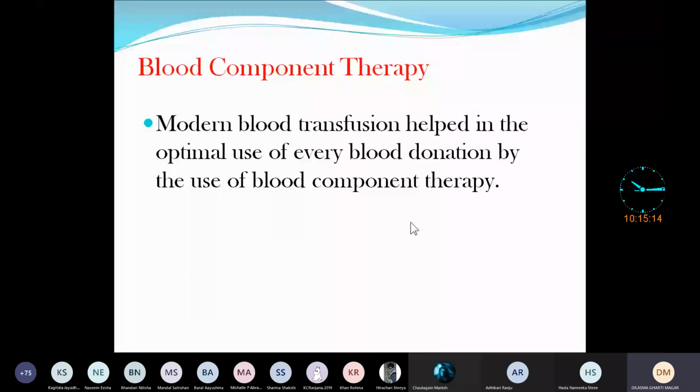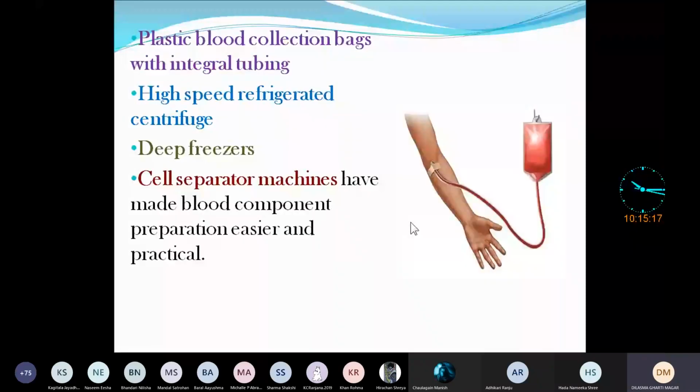Now how do we do the separation of the different components? Here in the first line you see plastic blood collection bags with integral tubing. There will be different plastic bags with connected tubes. Integral tubing means one bag is connected with another by a tube, and then 2, 3 or 4 bags will be there.